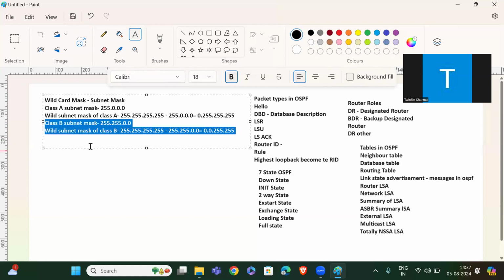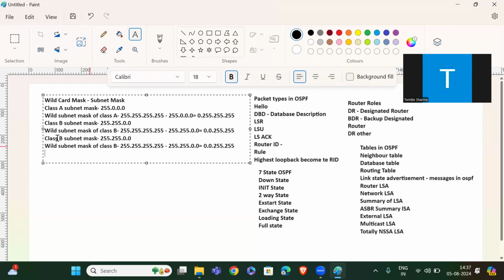Then what is the class C subnet mask? Class C subnet mask is 255.255.255.0. Subtract from 255.255.255.255, so 0.0.0.255.